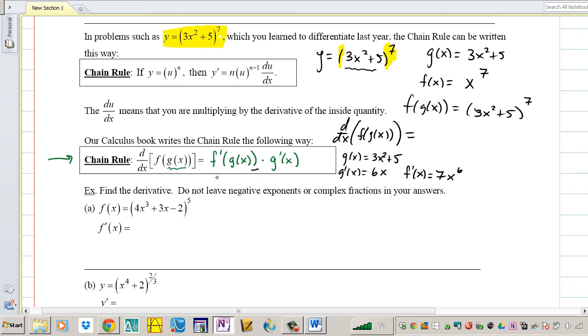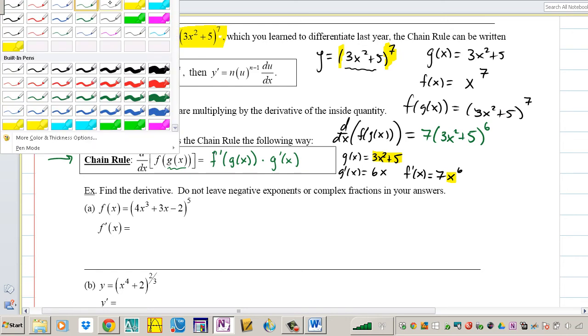Now let's plug it all in together. So notice, my chain rule has a composite function. It's no longer f of g of x. Now it's f prime of g of x, which means that I have to plug g into my f prime right there. So it's going to be 7 times (3x squared plus 5) to the 6, and then that only takes care of this part.